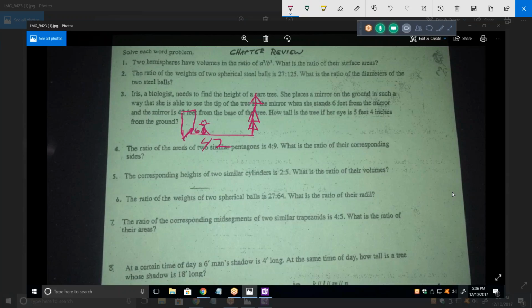What they're saying is that her eye sees like that. And her eye level is at 5 foot 4 inches.